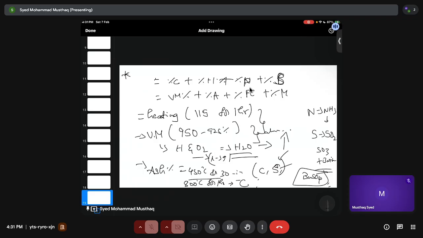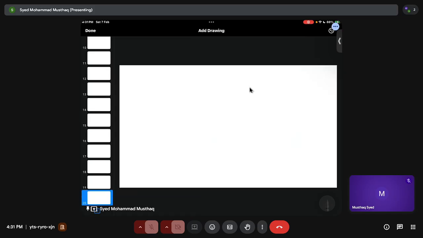So whatever sulfur dioxide or SO3 we get by oxidizing, if you have seen integrated steel plants, wherever you have this coking equipment, at a distance you will also find a sulfuric acid plant, because during coking you will get sulfur, which is sulfur dioxide, and that is further oxidized.